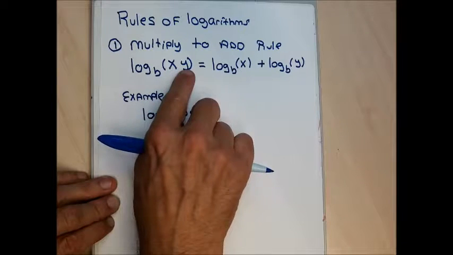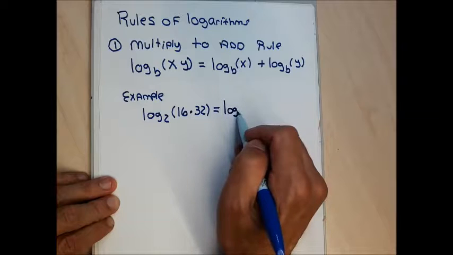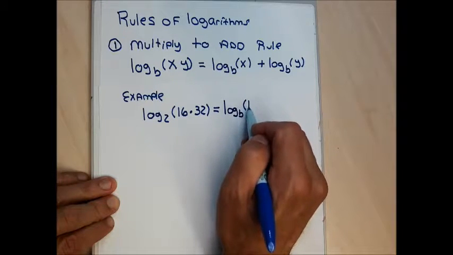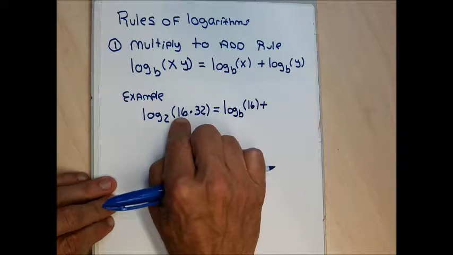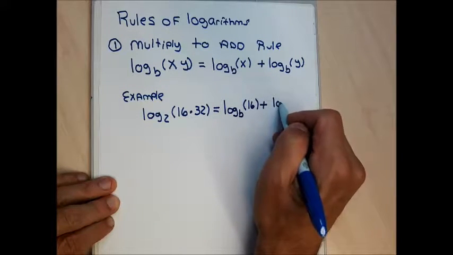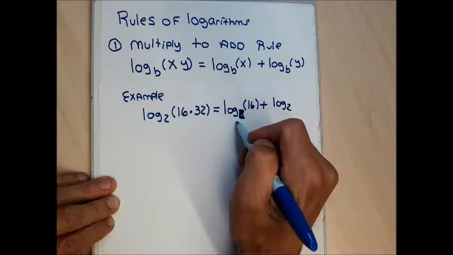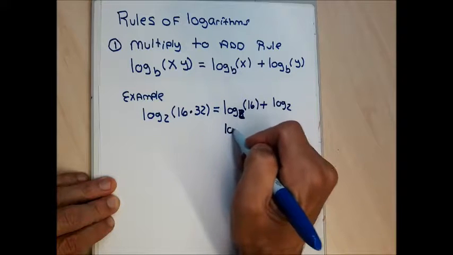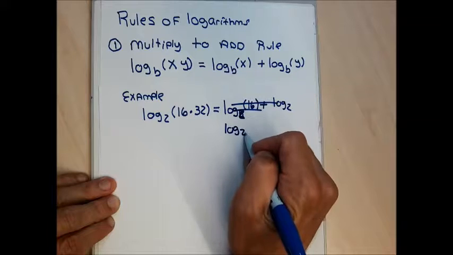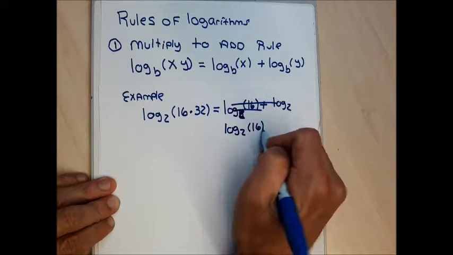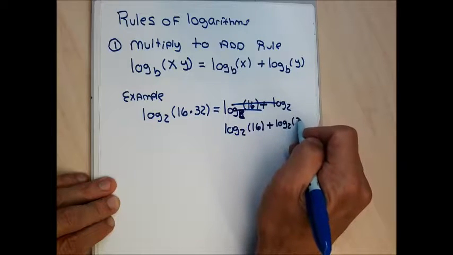If inside a logarithm I have multiplication, I can separate each of the factors, in this case 16 being the first factor and 32 being the second factor, into their own logarithm as long as I keep the base the same. So the log base 2 of 16 times 32 is equal to the log base 2 of 16 plus the log base 2 of 32. This is what this rule tells me I can do.